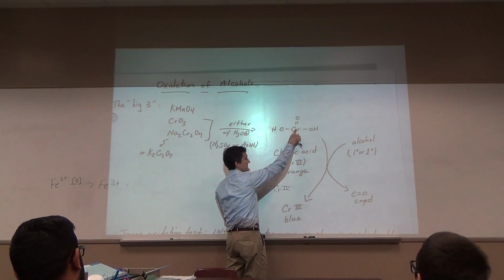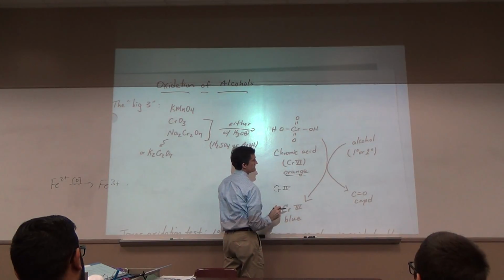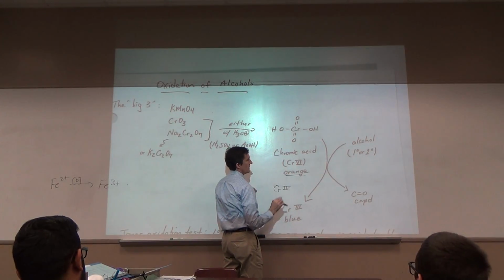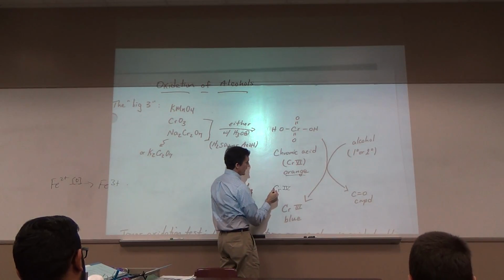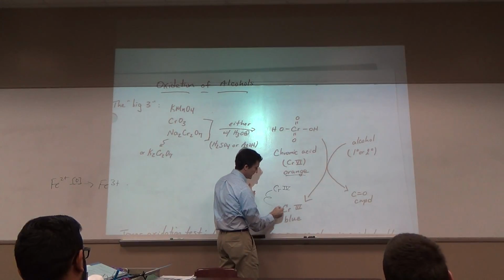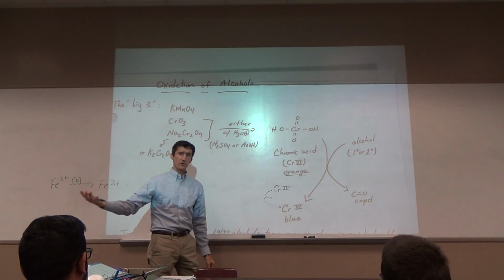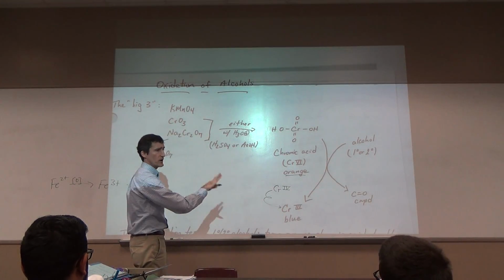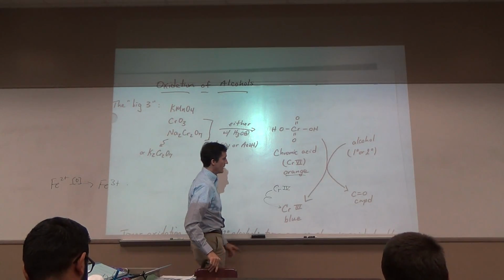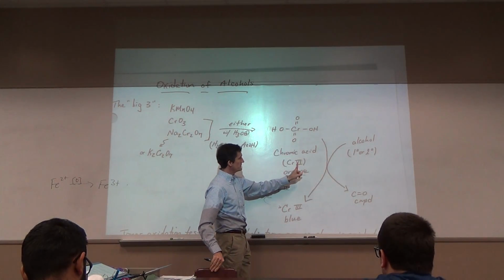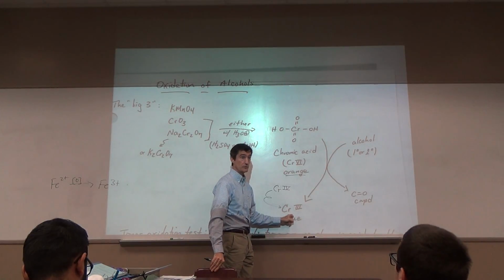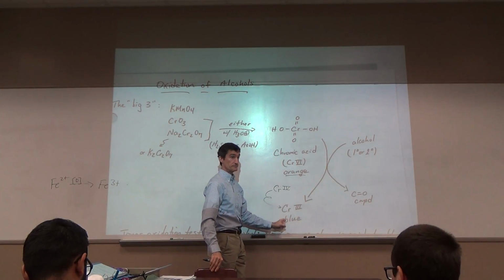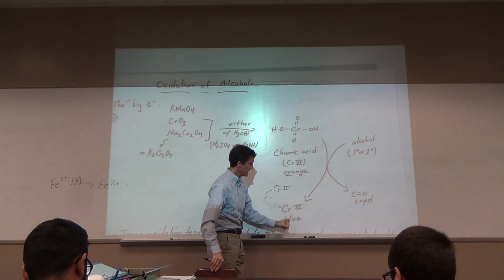This is chromium 6. It's orange. It's actually a 2-electron reduction. It goes to chromium 4. Problem is, chromium 4 is not stable, and this immediately goes down to chromium 3 by an auto-redox reaction that's separate from your carbonyl compound. Ultimately, the fate of your chromium 6 is it becomes chromium 3. So it's clearly reduced from where it started. Chromium 3, it turns out, is blue.